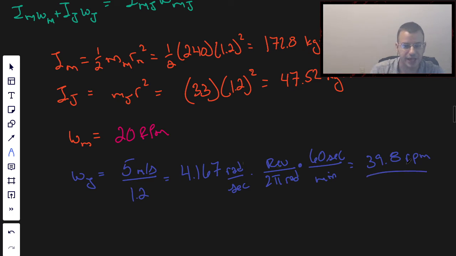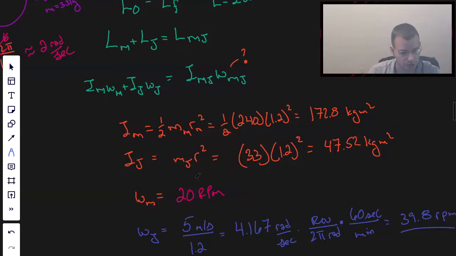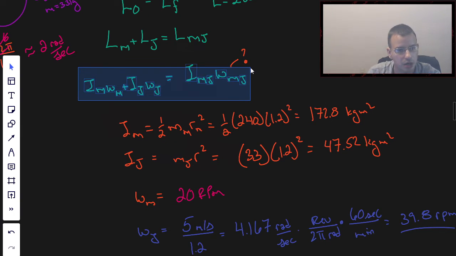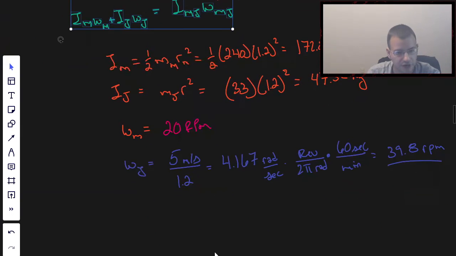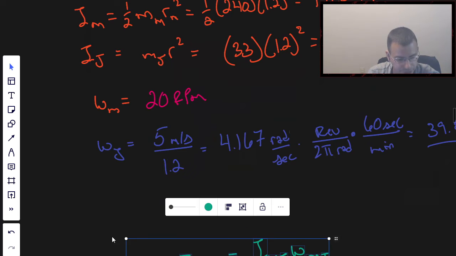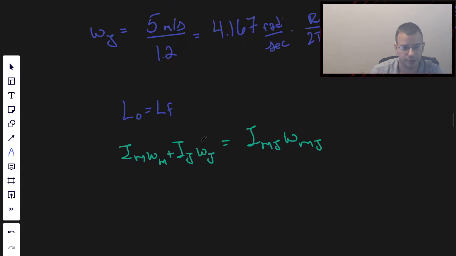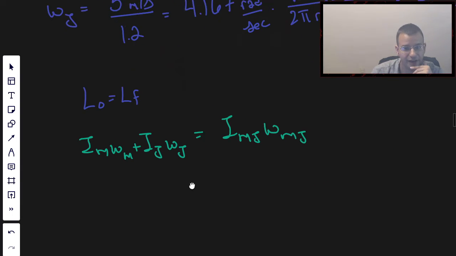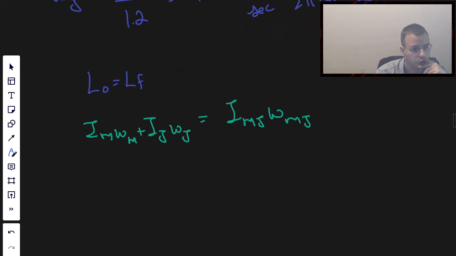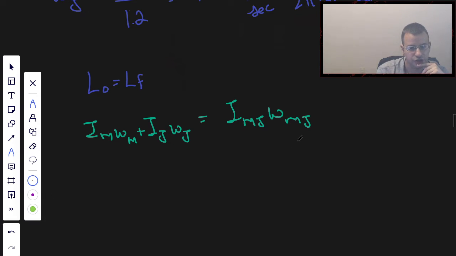Okay, so now we have all the data we need here. We're going to go back up to our conservation of angular momentum. So this is initial angular momentum equals final angular momentum. We now have data for all of these. We're going to rearrange this for the angular speed of Mary and John.